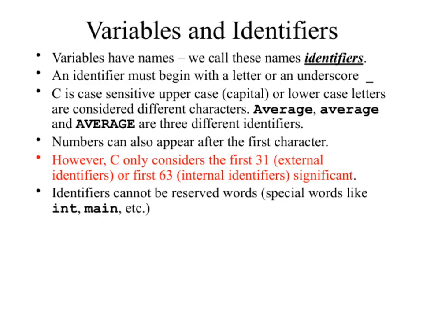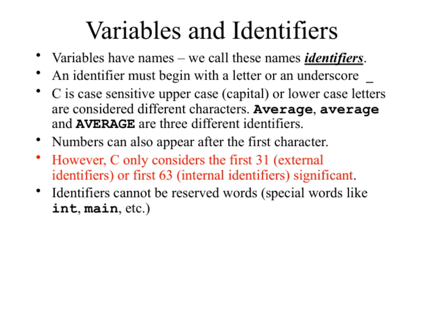Let's talk about variables and identifiers. Variables have names, and we call these names identifiers. An identifier must start with either a letter or an underscore. It's important to remember that C is case sensitive, so uppercase and lowercase letters are treated as different characters. For example, average, Average, and AVERAGE are all considered separate identifiers.